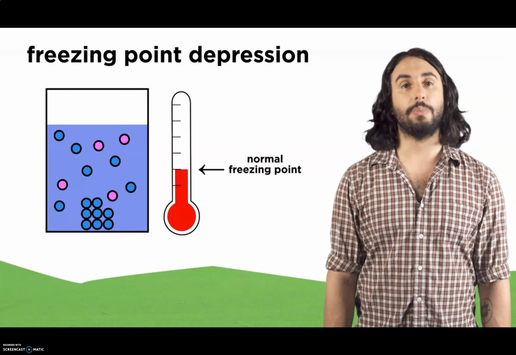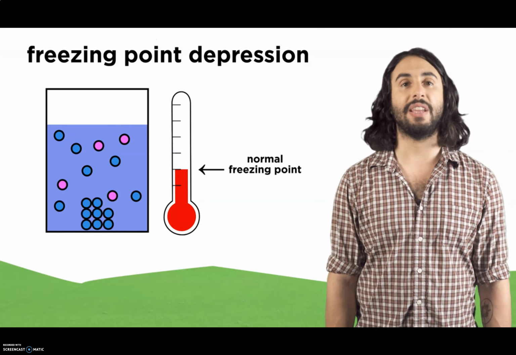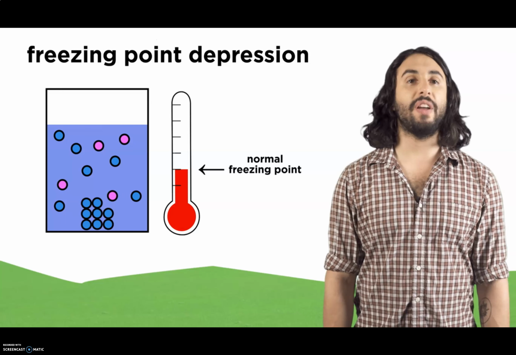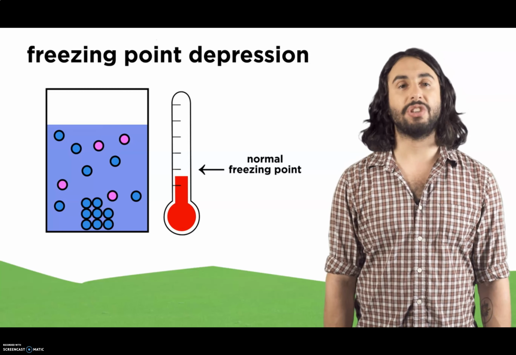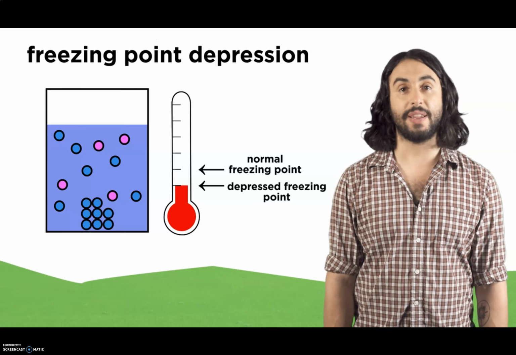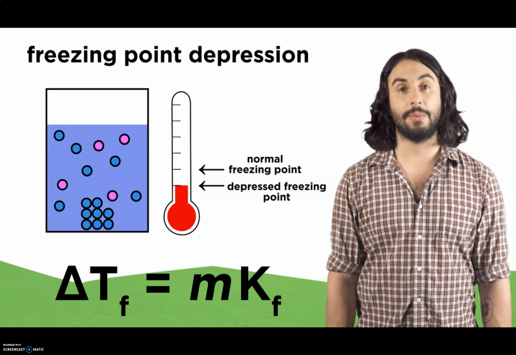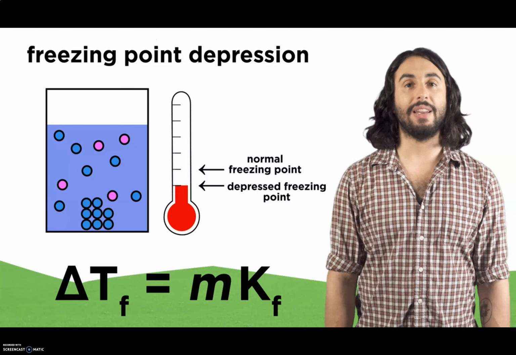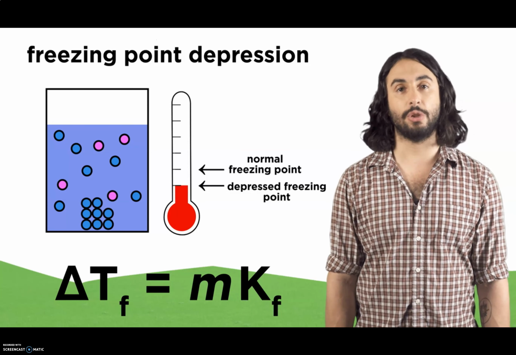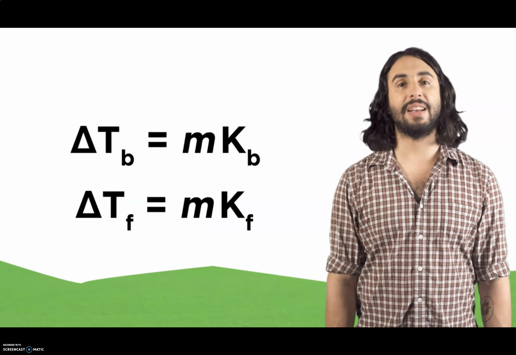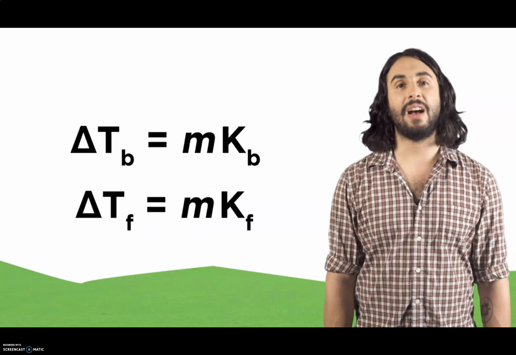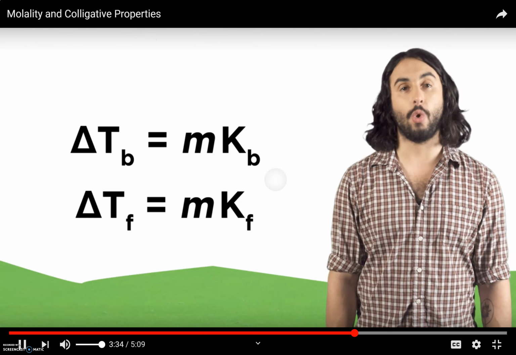The presence of solute particles interferes with the ability of the solvent particles to efficiently form the lattice. So to compensate, the system will have to reach an even lower temperature to freeze. The equation here is similar. The change in freezing point is given by the molality of the solution times another constant. These Kb and Kf constants can be found in tables in your textbook or online.